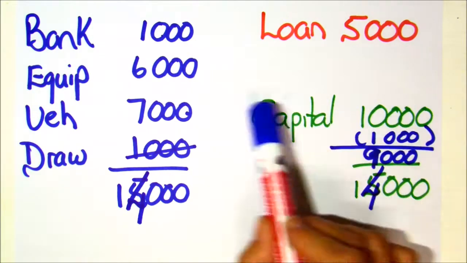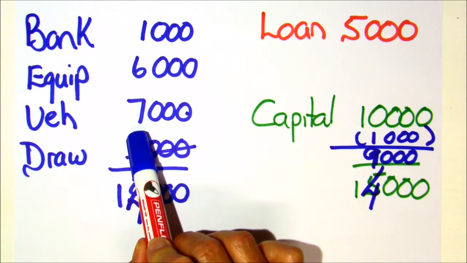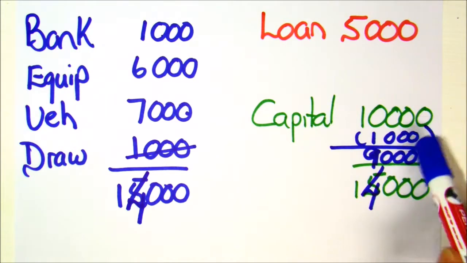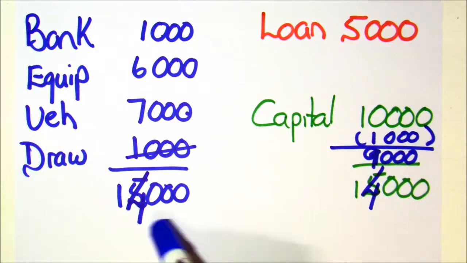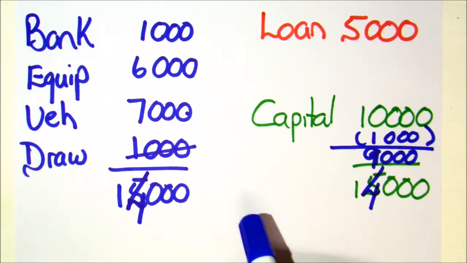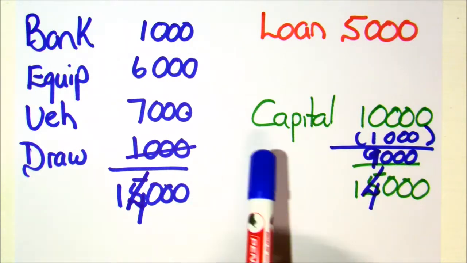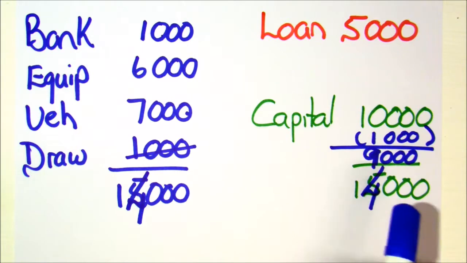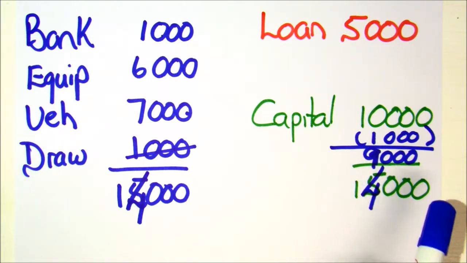So whether we left that as a 1,000 over here, or whether we then subtracted it from capital, we're still getting to the fact that we are in balance. Now you need to practice this concept, and your teacher should help you with working with this, so that you get to understand the actual record keeping and how you are making double entries all the time. Now do some practice before we get on to the next lesson.